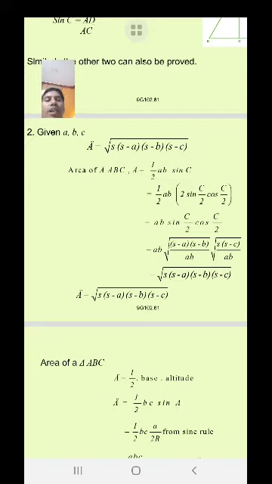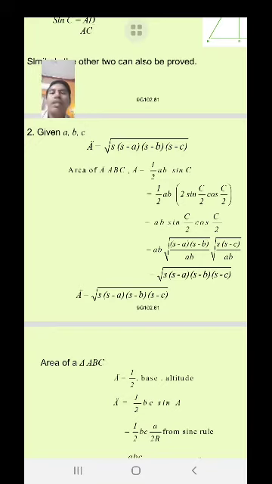So the area of triangle ABC, we already knew, is half into ab into sine C. Area of a triangle is indicated as delta bar, or we can write simply delta. So half into ab into sine C.